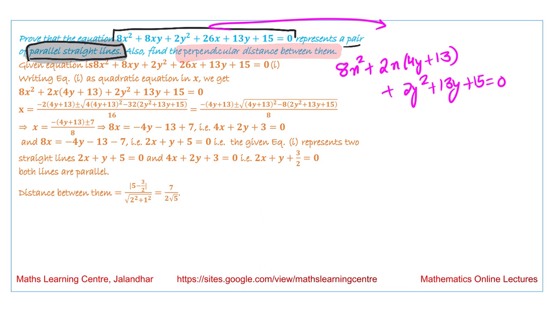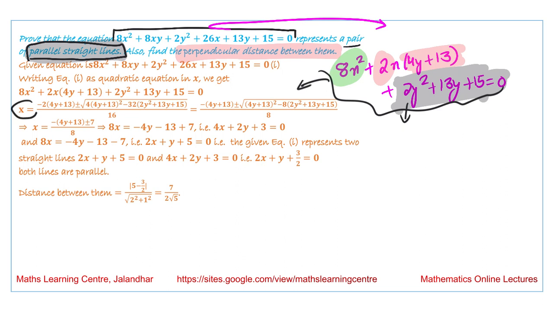We can see from here, this is the coefficient of the x square part, next this is the coefficient of x, and this is the constant term. So this whole equation is a quadratic equation in x.